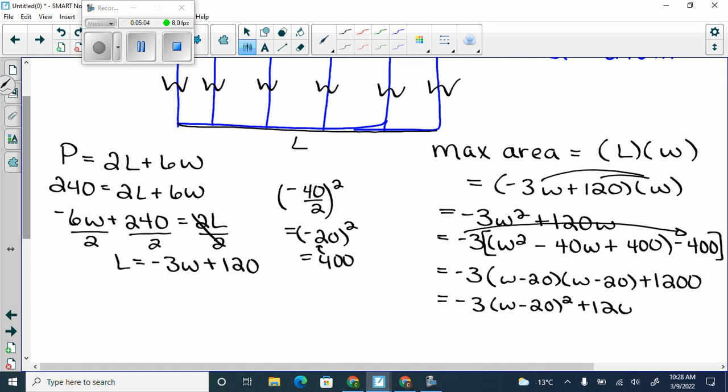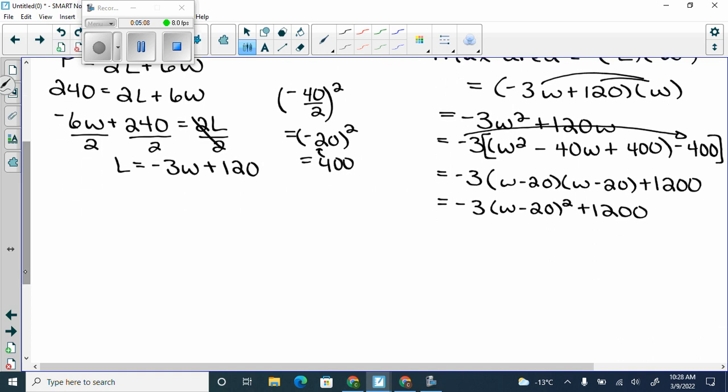And then I told you I wanted the max area and I wanted the dimensions. Well, what does this W minus 20 represent? It's the width because it's W, correct? If I had isolated W instead and replaced it, then this would be the length because there'd be an L left, right? So it just depends on what you're doing. I always isolate L, doesn't matter.